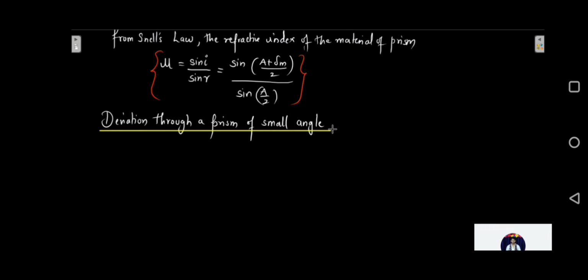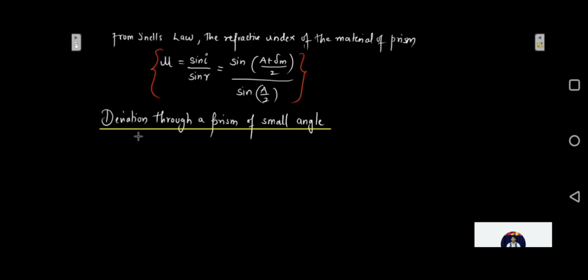So now let us simplify this expression, the same expression, that is the relation between mu and angle of minimum deviation, for a prism having a small angle. So for a small angle prism, which is also called a thin prism, delta m is also very small.